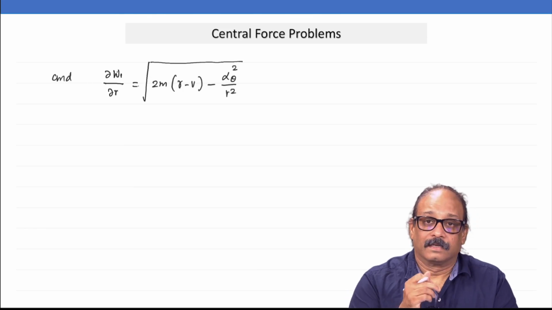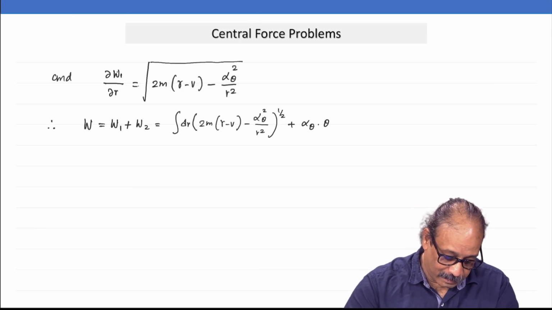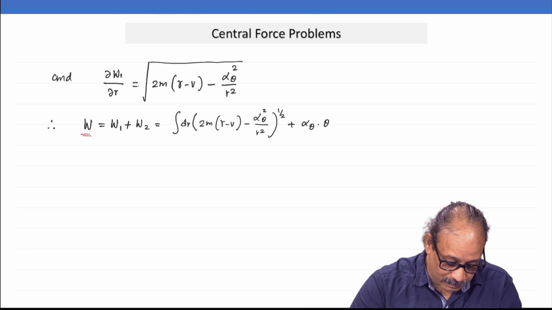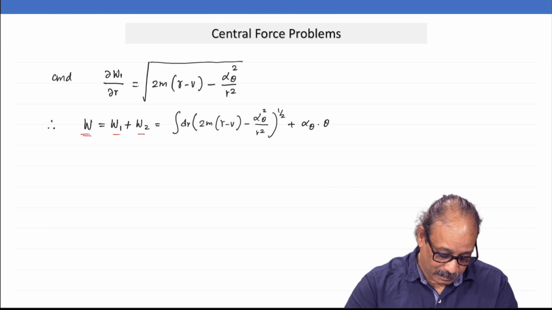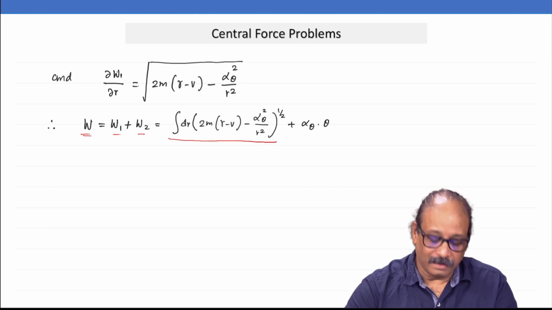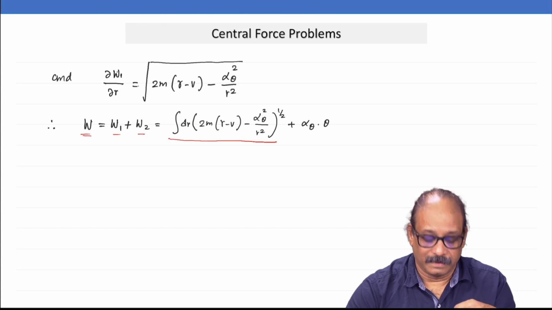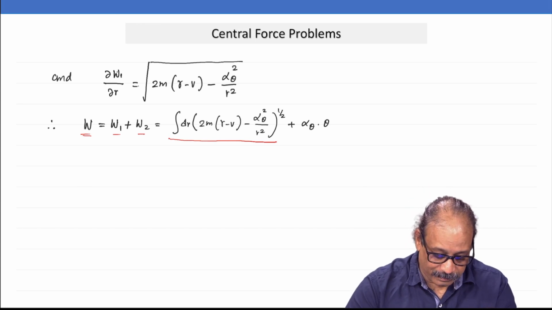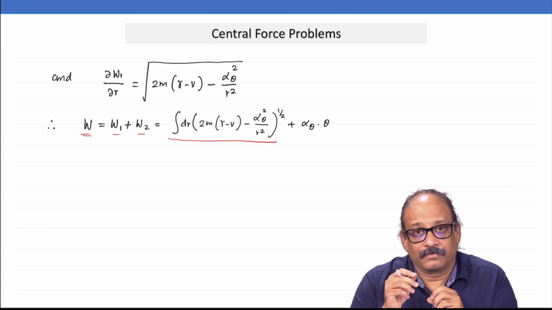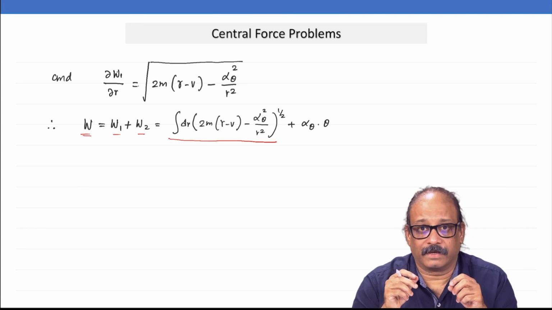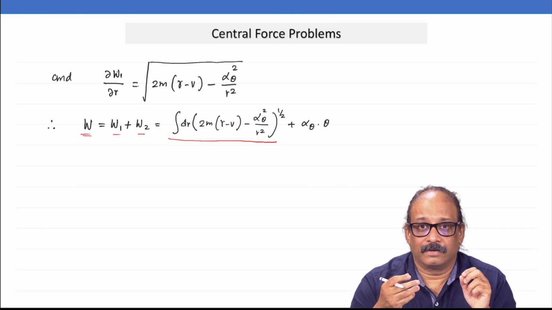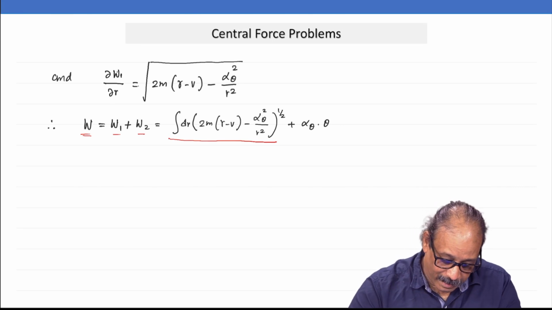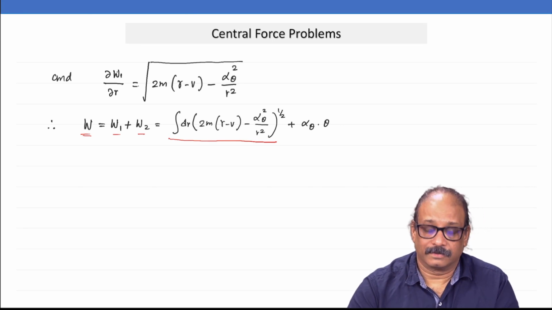So, from here I can write down the final W function, which is the sum of W1 and W2, and W1 is nothing but the integral of this quantity, which is 2m times gamma minus v minus alpha theta square by r square. Of course, we recognize the alpha theta square. Alpha theta square is nothing but the angular momentum square, okay, and plus alpha theta into theta.